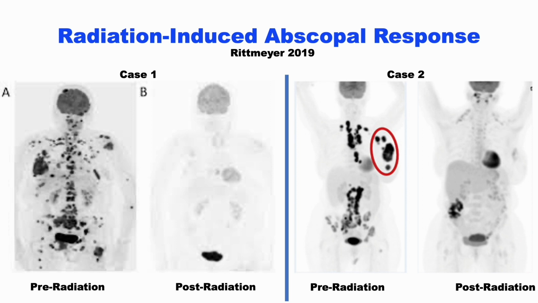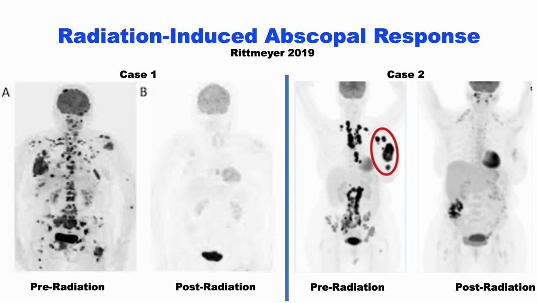And so again, this response occurred in response to radiation of the breast tumor, and this is really an impressive finding that seems to be a relatively rare event in breast cancer.